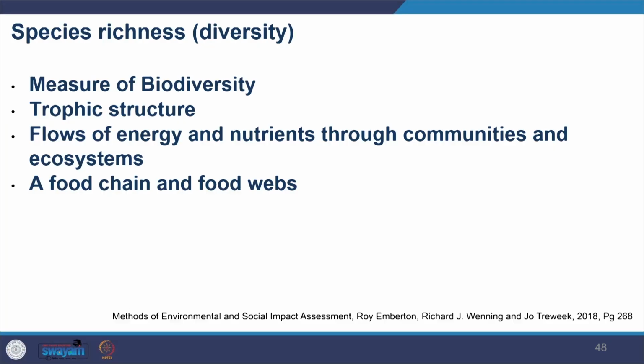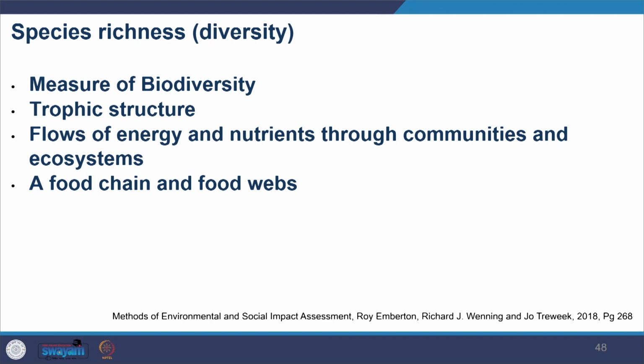Within this you also look at species richness, like how diverse it is. So not just the quantity of it, but how many varieties there are. And you also measure the trophic structure.